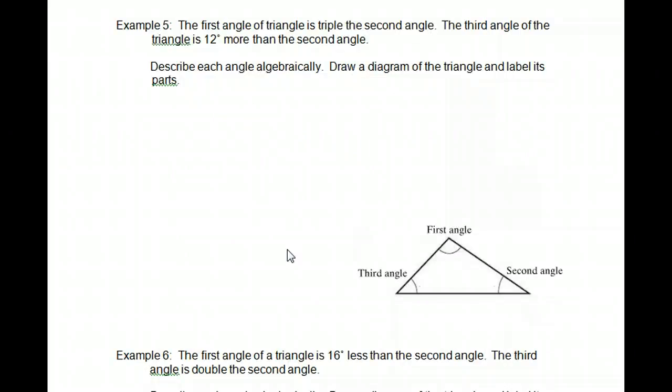Example 5 says that the first angle of a triangle is triple the second angle. The third angle of the triangle is 12 more than the second angle.